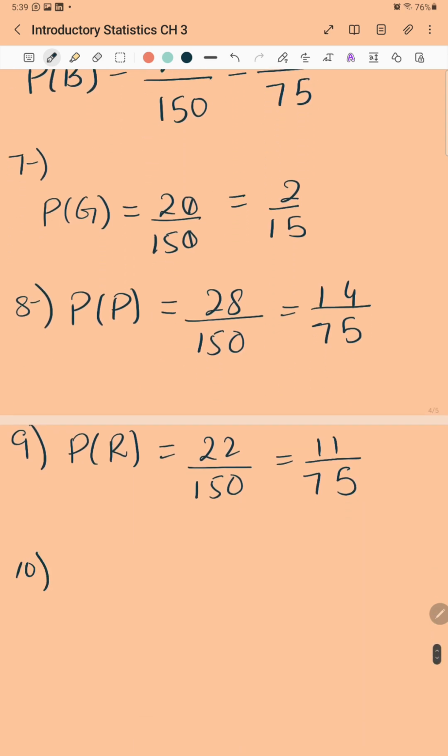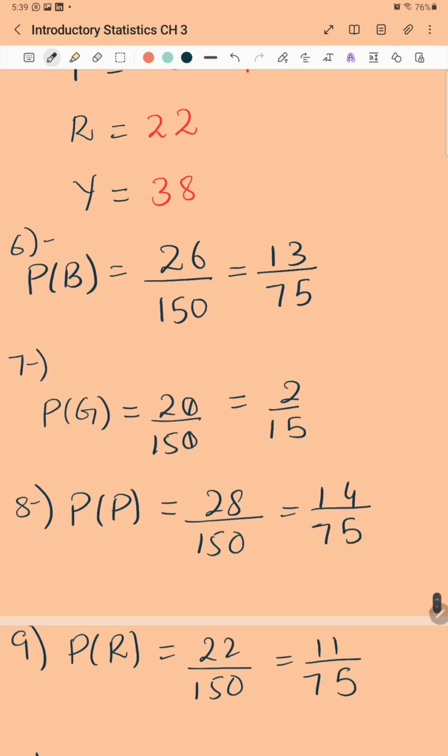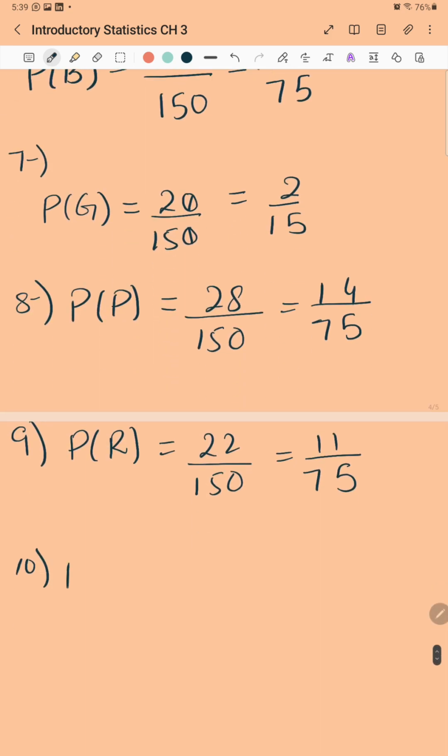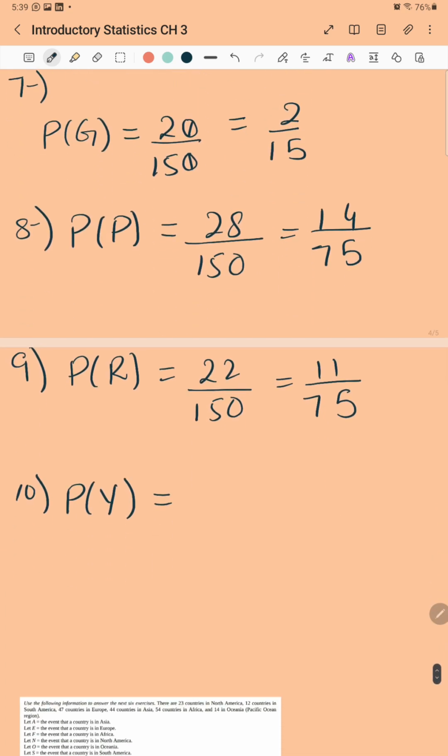Question number 10 is probability of Y means yellow, and yellow is 38. 38 over 150.